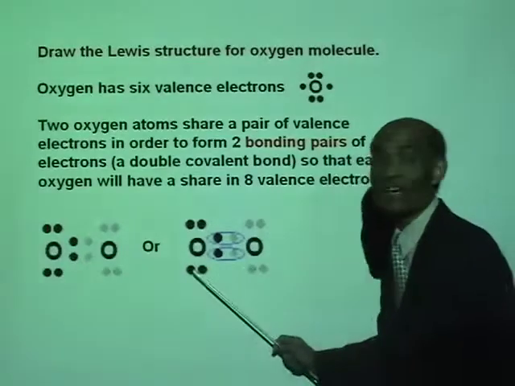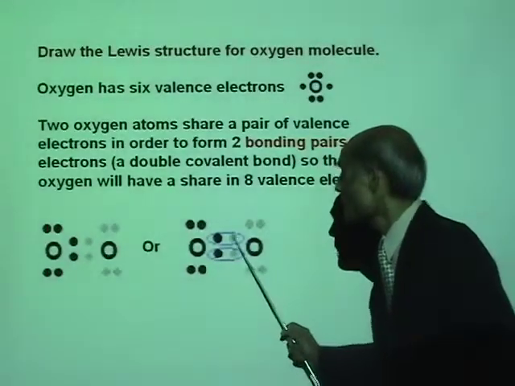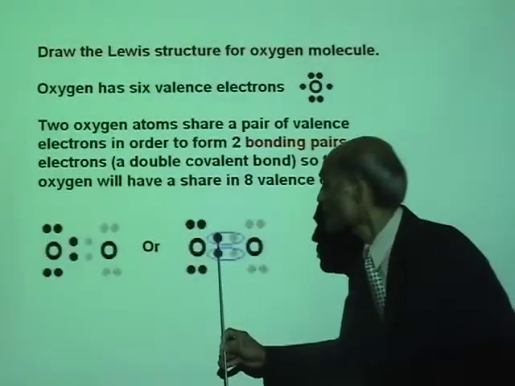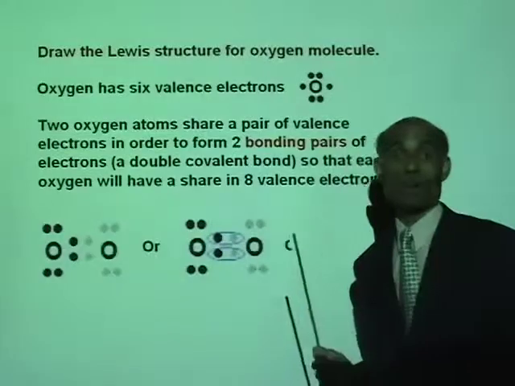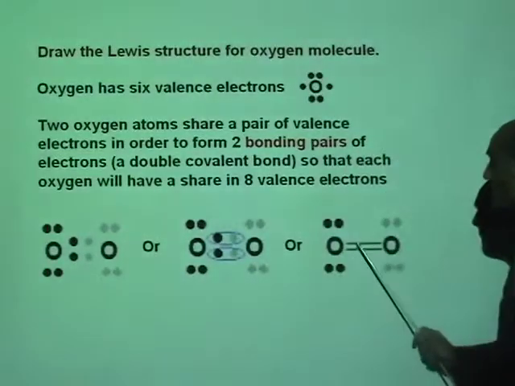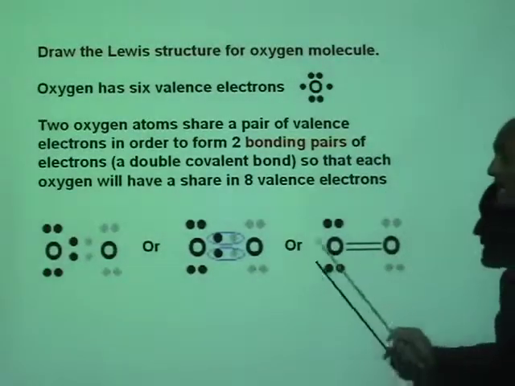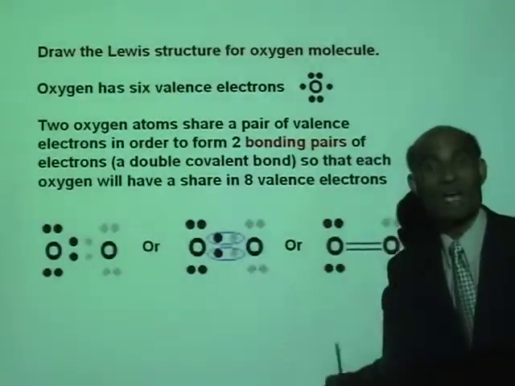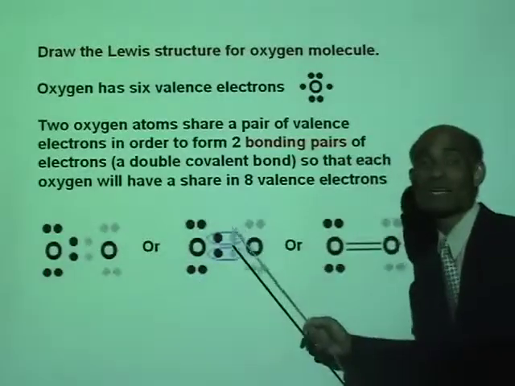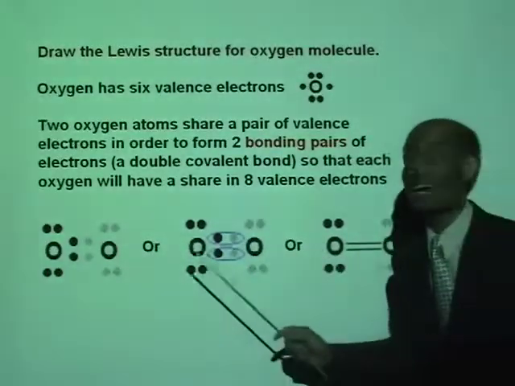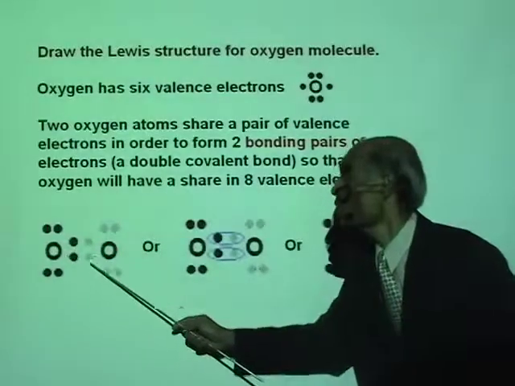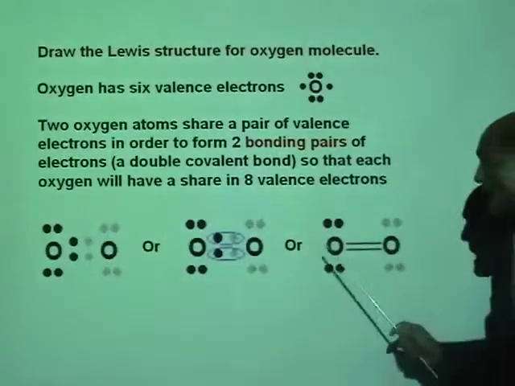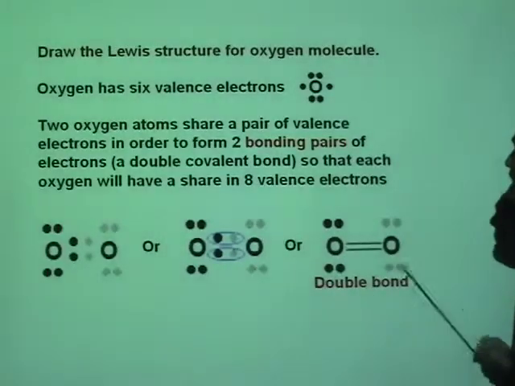These are the unshared electrons. This pair and this pair are shared. That means we can now replace them with 2 horizontal lines. And watch this. There you have the 2 horizontal lines. So all these 3 are one and the same, different ways of representing how many pairs are shared. 2 pairs of electrons are shared between the oxygen atoms. That means this is a double bond.